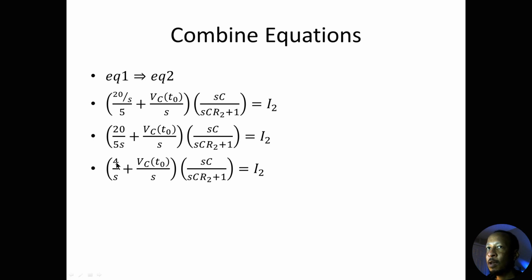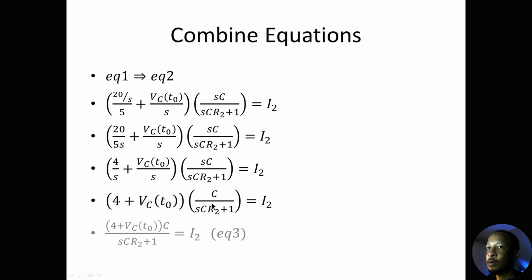Next, I have 4 over S plus Vc of t sub 0 divided by S, all of that times Sc divided by SCR2 plus 1 equals I2. Next, by adding these two terms here, I have 4 plus Vc of t sub 0, and I have a cancellation here, and so that makes it 4 plus Vc of t sub 0 times C divided by SCR2 plus 1 equals I2.